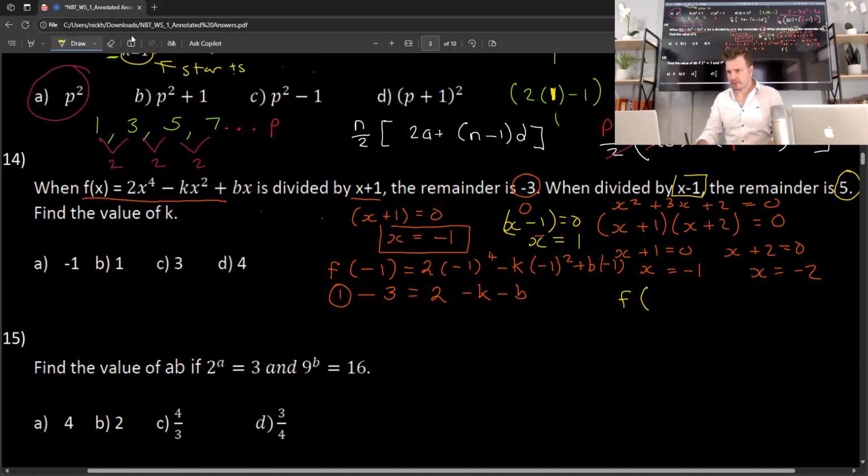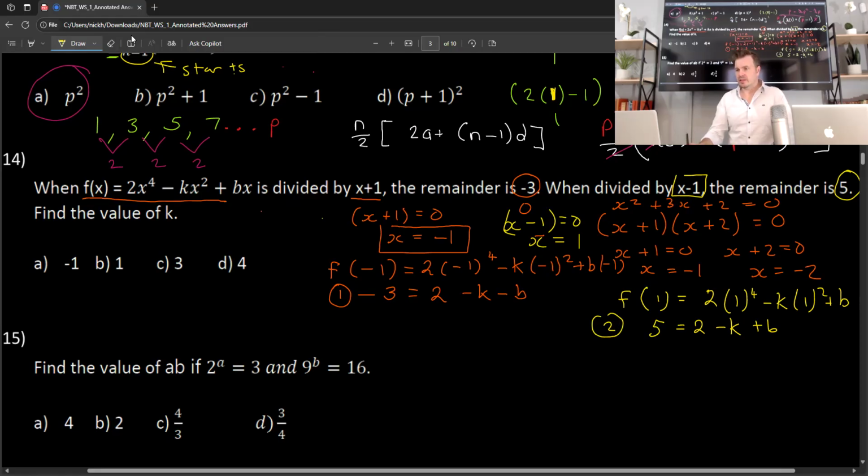So f of 1 is equal to, we put a 1 in, so it'll be 2 times 1 to the 4 minus k times 1 squared plus b times 1, which is just b. And now the remainder is 5. So 5 equals 2 minus k plus b. Okay, so this is equation number 2.